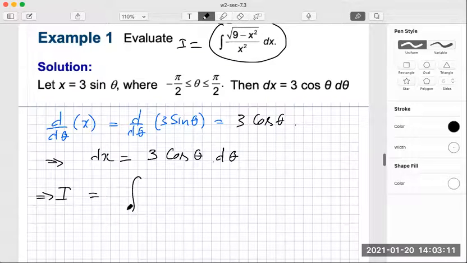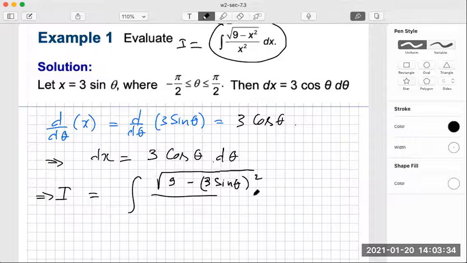Therefore, the integral I becomes, we write it in terms of theta. We replace x by 3 sine theta, and they're all squared. The denominator here becomes 3 sine theta, all squared.